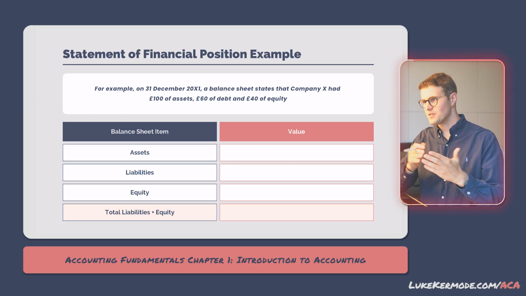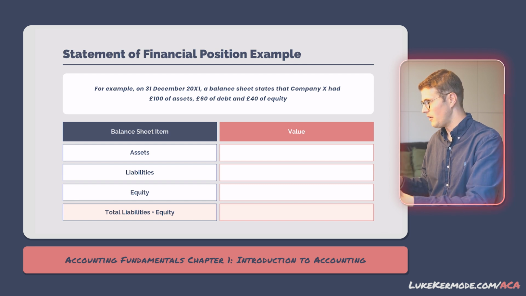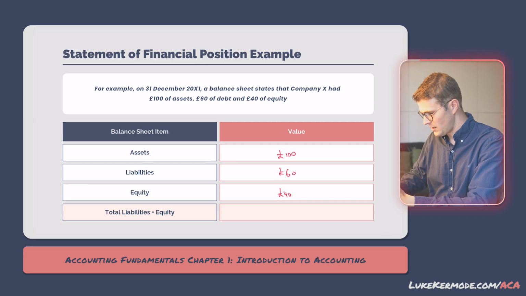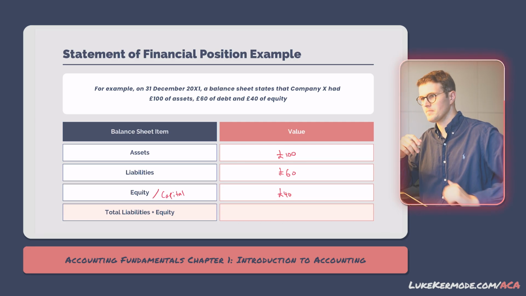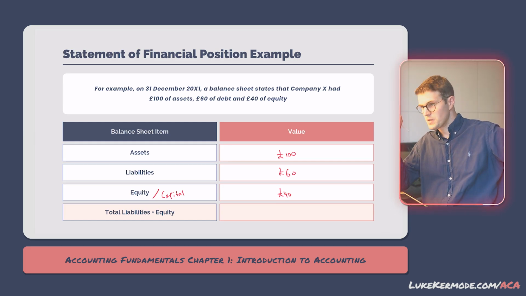That leaves £40 worth of equity, the owner's share of the business after paying its debts. So we have £100 worth of assets, £60 worth of liabilities, and £40 worth of equity or capital, as it's also known in sole trader businesses. So the key equation behind the balance sheet is that assets equals liabilities plus equity.